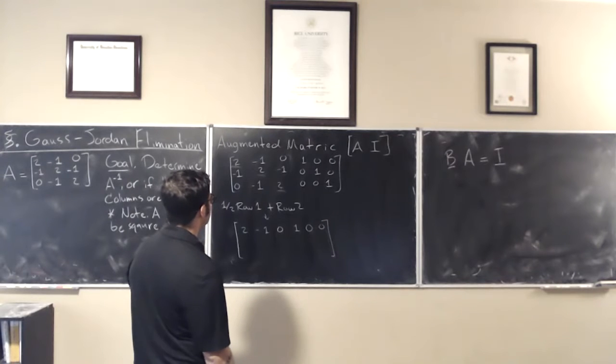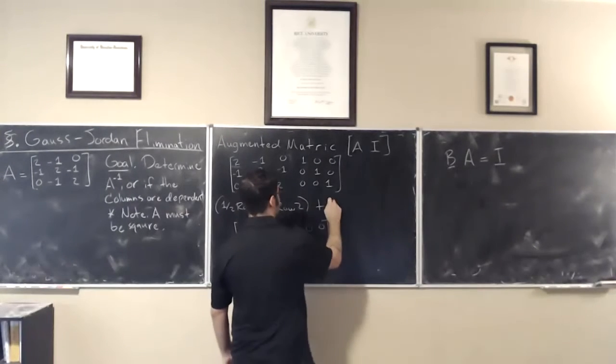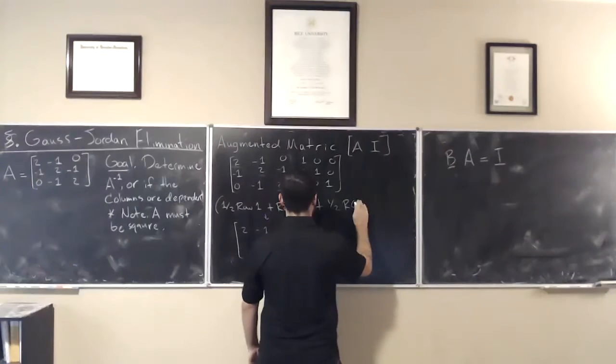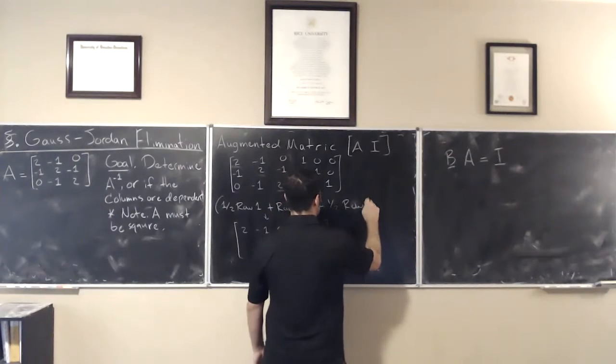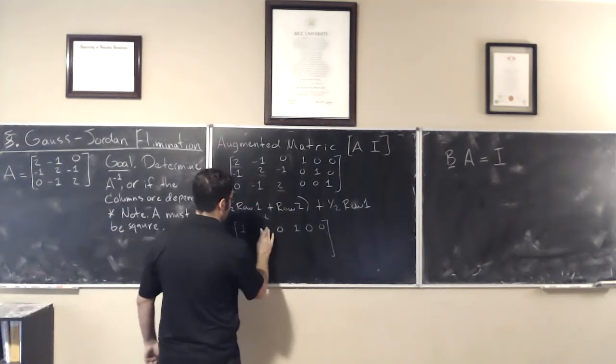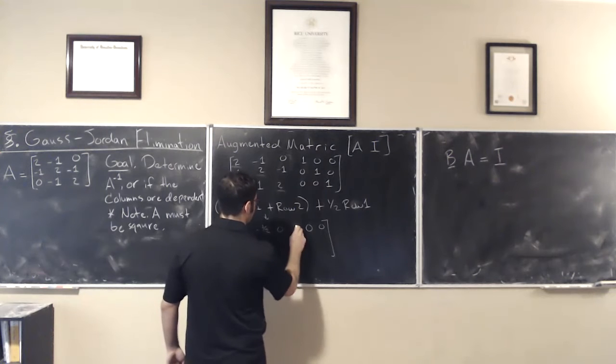Oh, I want a 1 right there. So I'm going to just multiply the first row by 1/2. So this will be a 1 now. This will be a minus a half. And this will be a half.